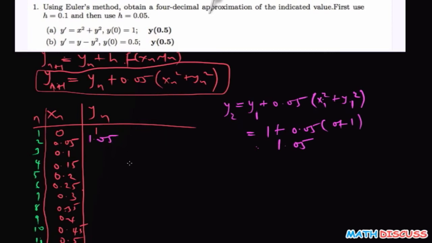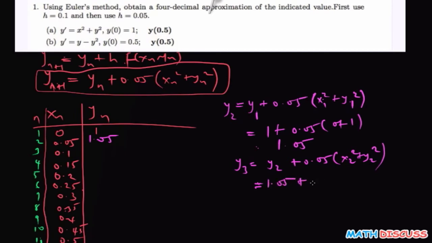Now for the third part, which is y3, to get 3 here, n has to be 2. 2 plus 1 should be 3. So you have y3 equals y2 plus 0.05 into x2 squared plus y2 squared. Your y2 was what we obtained here when n is 2, that's 1.05.